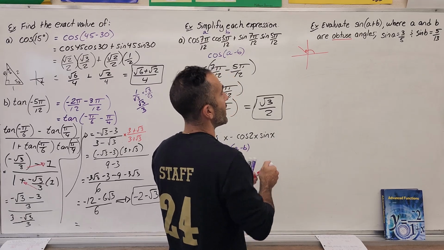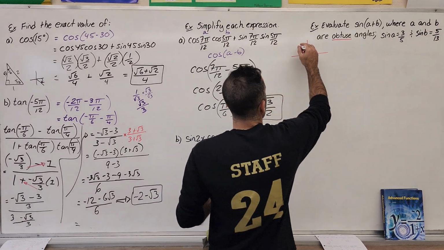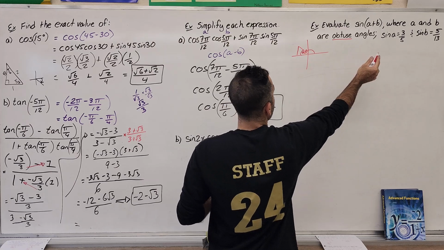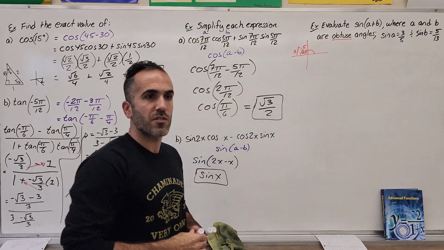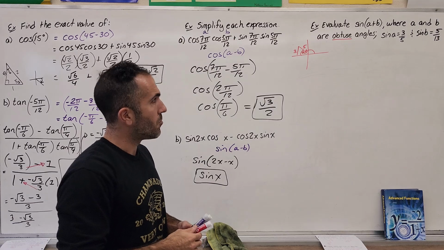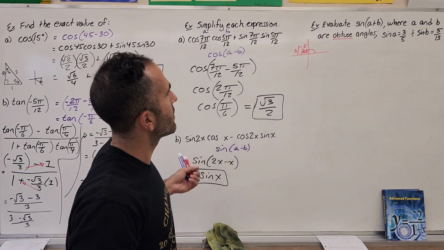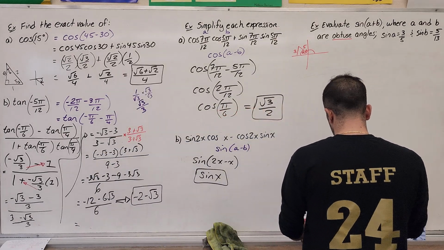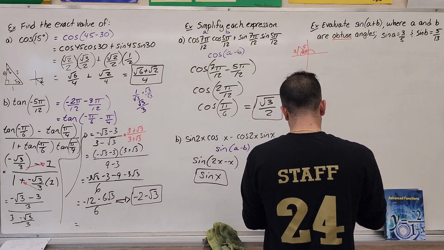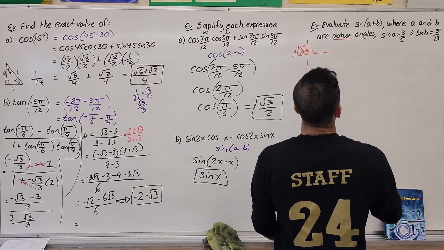So if I'm doing A, I know that sine of A is 3 over 5. Before you even think about that, where's the question? Oh no, it does.